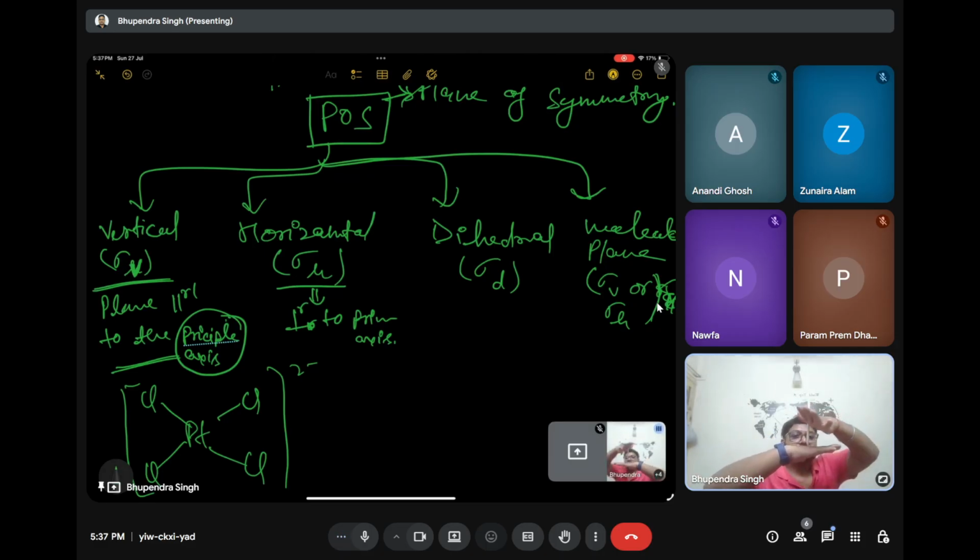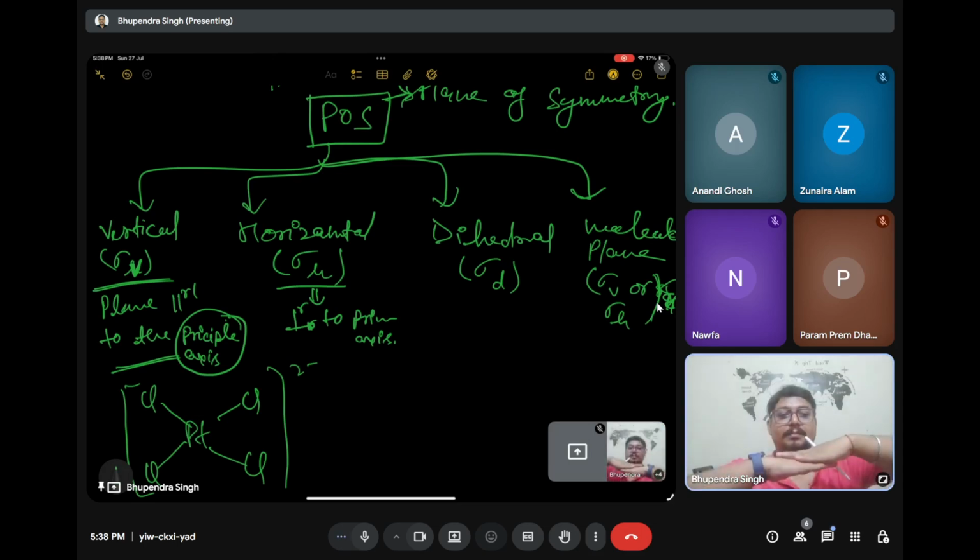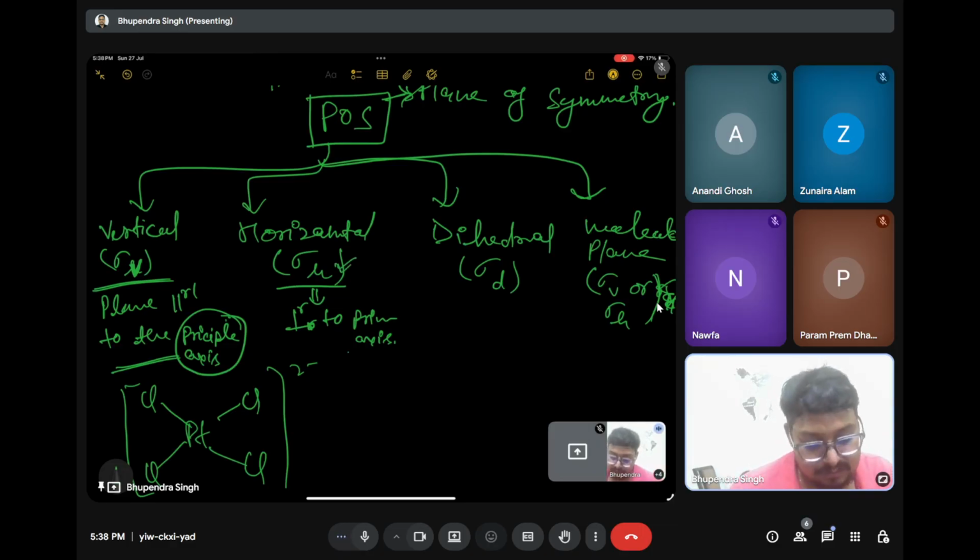The principal axis is this one, so this will be your vertical plane, this will be your vertical plane, and this will be your vertical plane. The horizontal plane will be perpendicular to the principal axis. So this is your principal axis, this is your perpendicular plane, so this is your sigma h, horizontal.